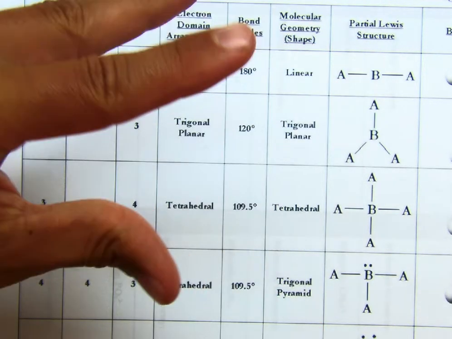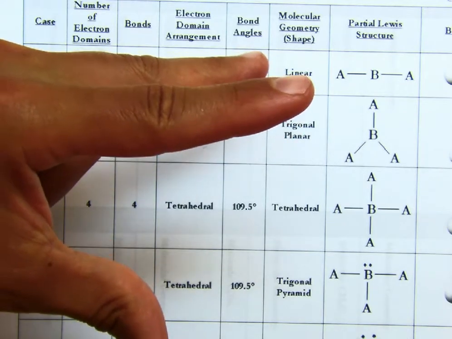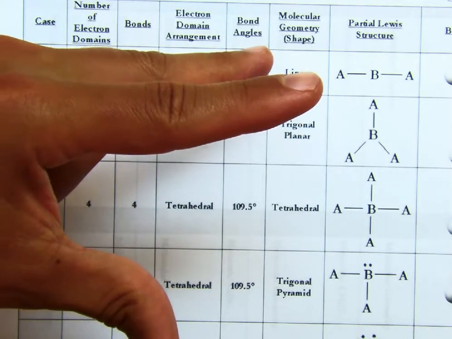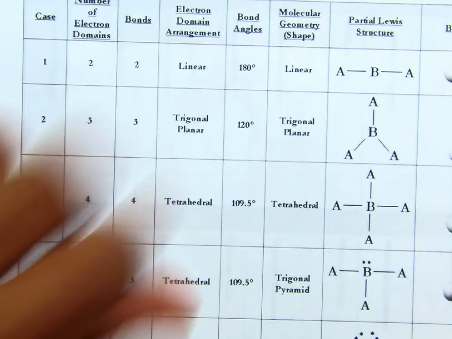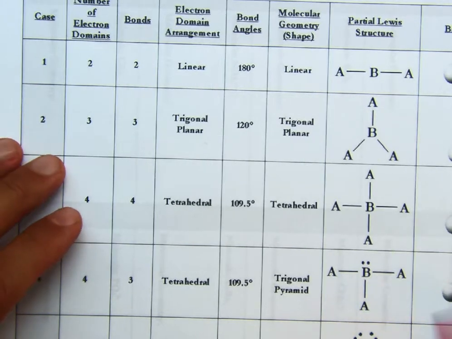And so they end up standing up like a 3-sided pyramid. Or, 3 legs on the pyramid, I guess. This is called trigonal pyramid or trigonal pyramidal.